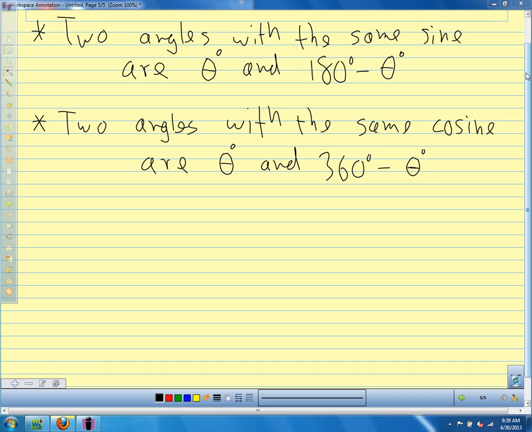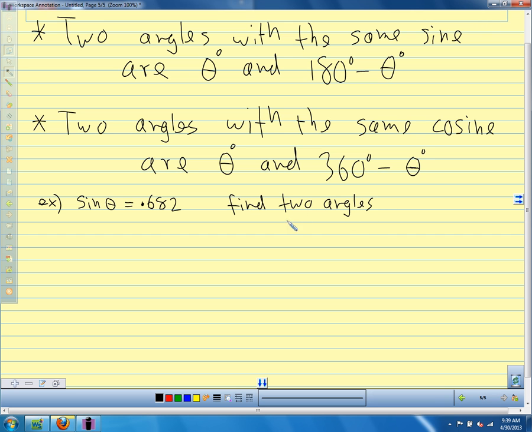So let's look at a couple of examples of the types of problems that you'd be asked using this idea. Usually the way they say them, especially in our book, they say the sine of theta is 0.682. We want to find two angles.